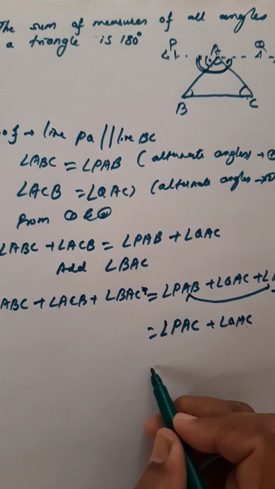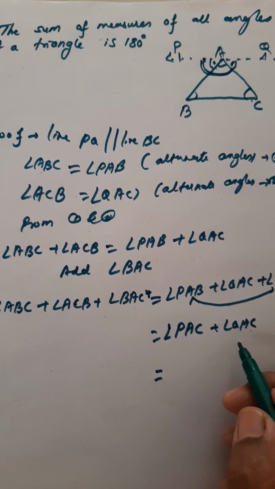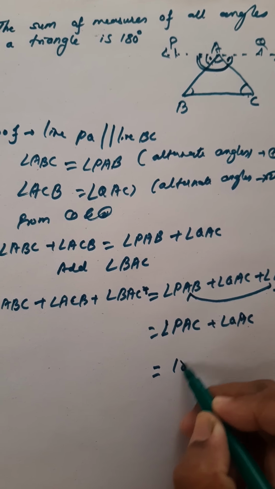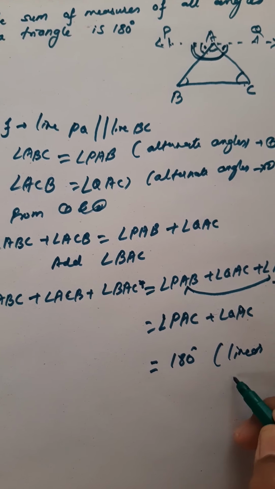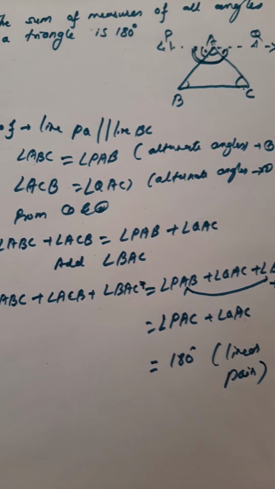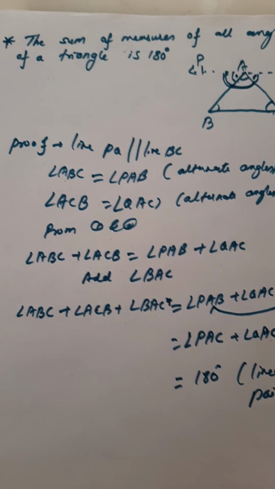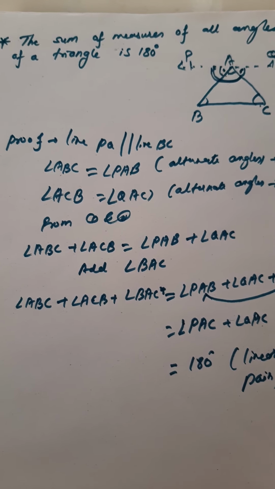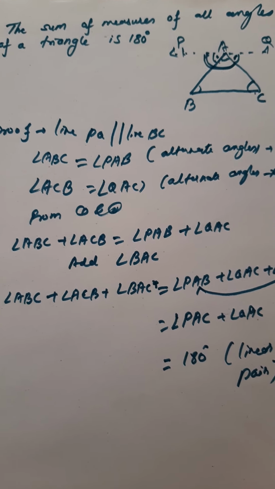Now do you understand this? Angle PAC plus angle QAC, what is the answer? It is 180 degrees. Why? Because it is a linear pair. Therefore, angle ABC plus angle ACB plus angle BAC is equal to 180 degrees. So we have proved this: the sum of the measures of the angles of a triangle is 180 degrees. Understand, student?